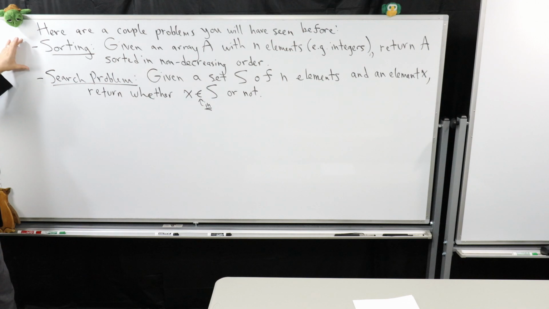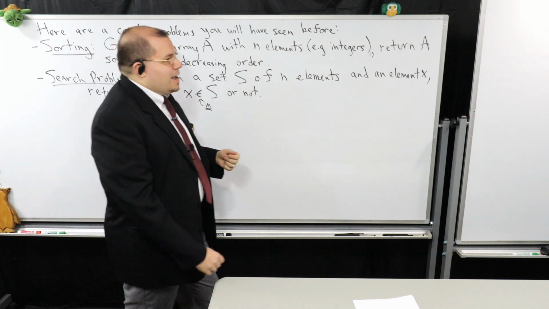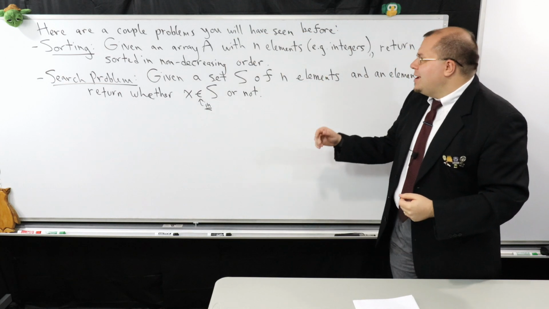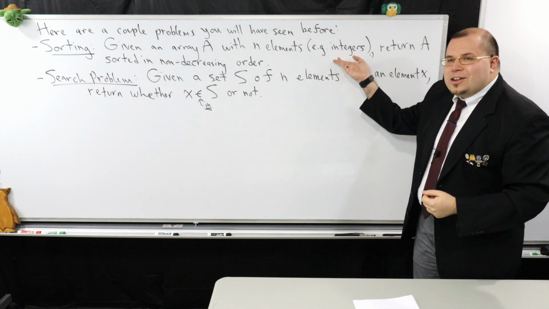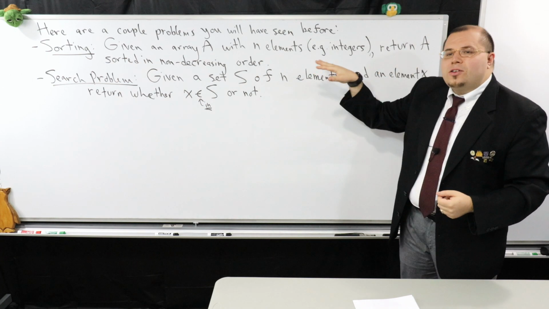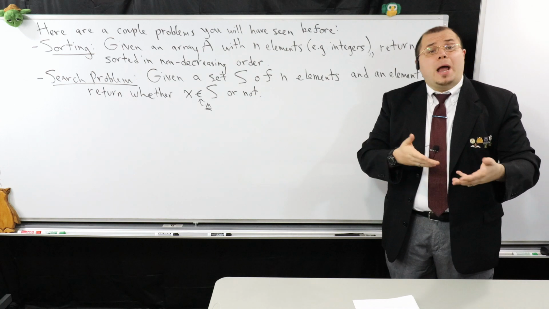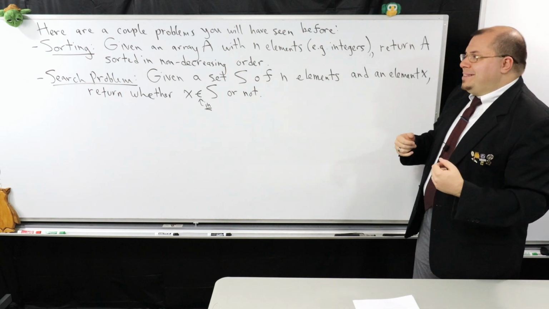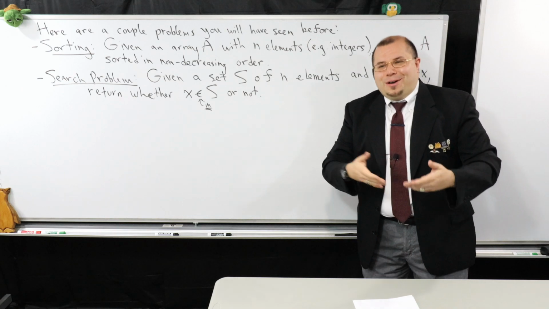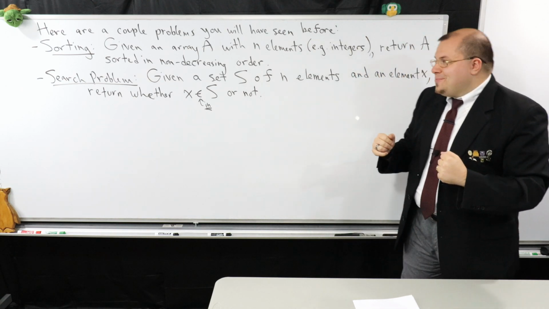The first one you naturally think of is sorting. Imagine I give you an array A with n elements in it. You can think of the elements as integers if you'd like. I would like you to return A sorted in non-decreasing order, where I assume that these elements are so-called comparable. That means I could tell you which one comes before another element, or if they're equal in precedence.